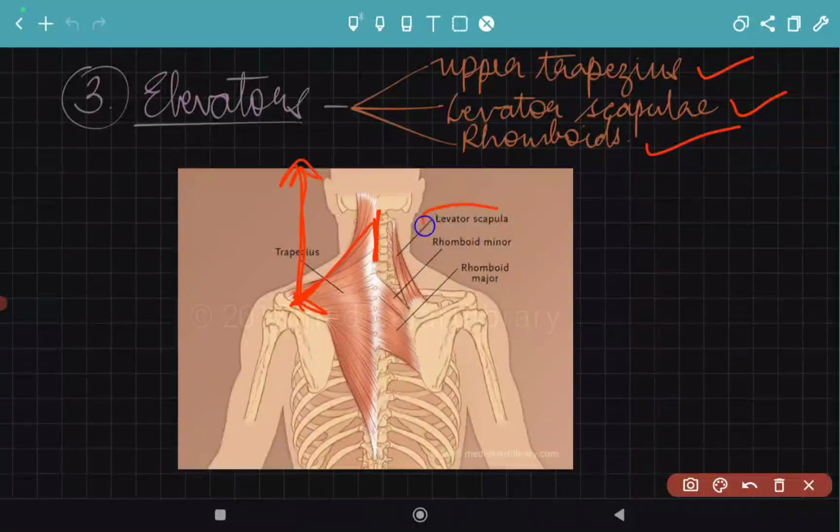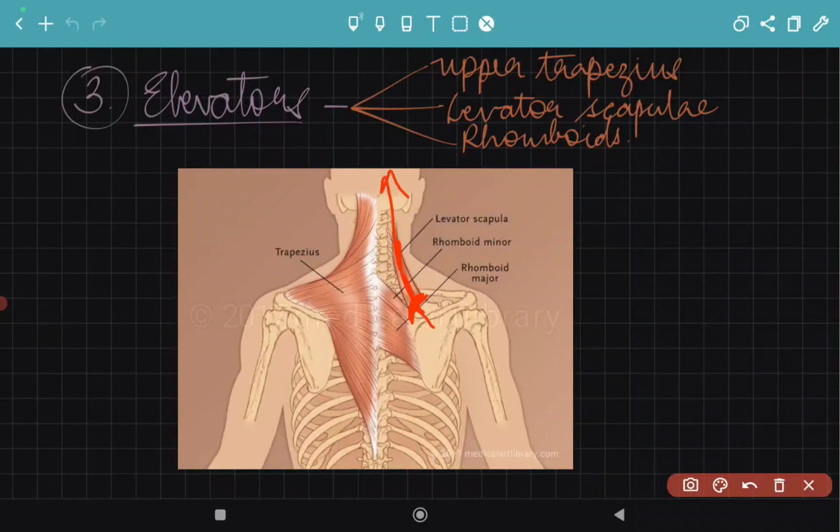Levator scapulae originates from the C1 to C4 spinous processes, inserting to the medial border of the scapula, from the superior angle to the root of the spine of the scapula, which is over here. Because of this insertion and arrangement of fibers, it will pull the scapula up, causing elevation.